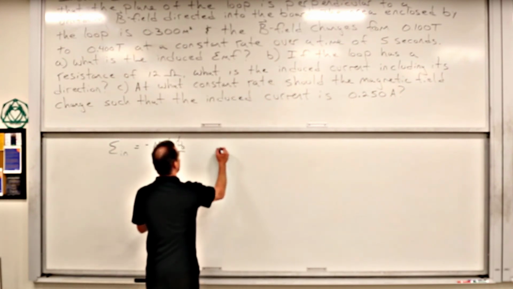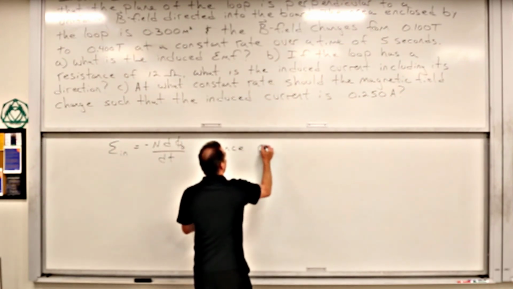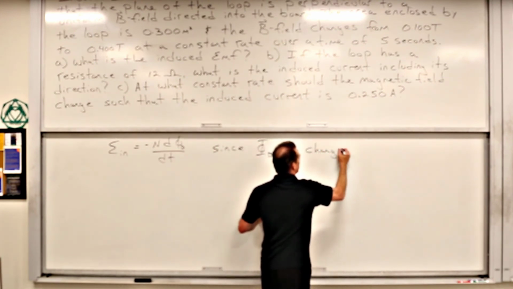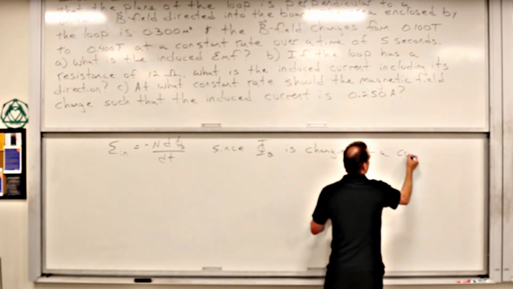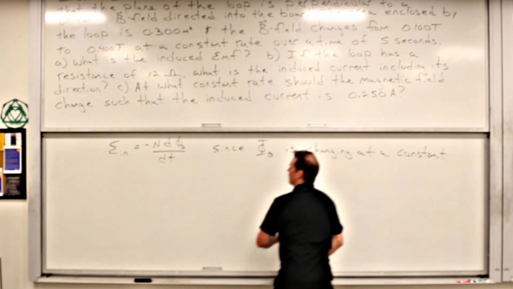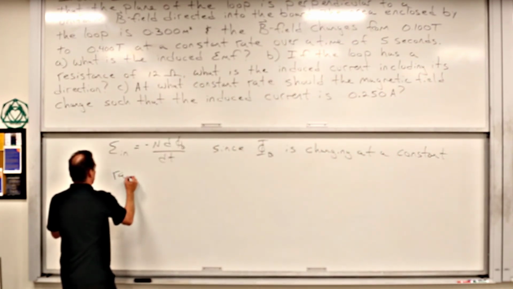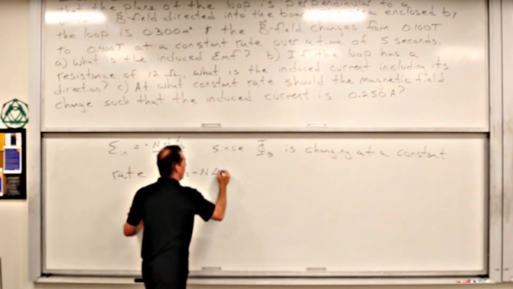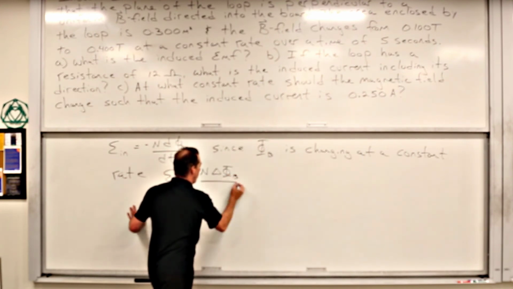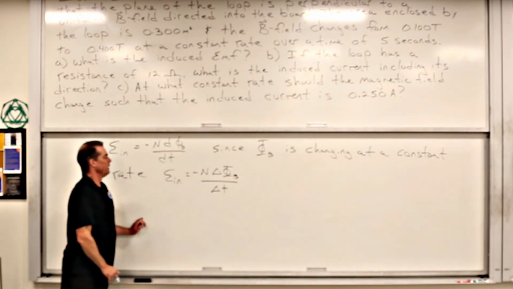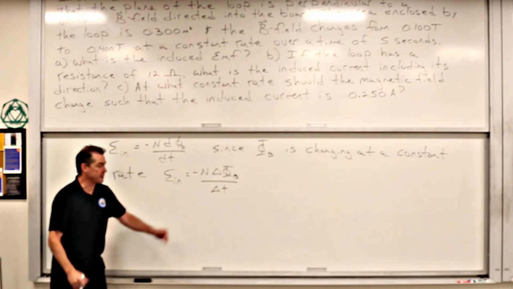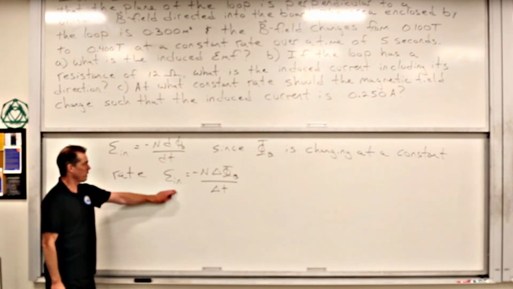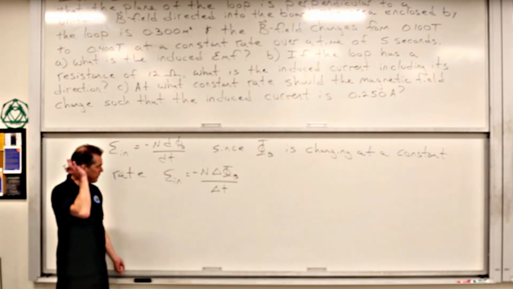So since phi sub B is changing at a constant rate, we can write that E induced is equal to negative N delta phi sub B over delta t. So we can use this for averages or constants in terms of rates of change regarding the magnetic flux. So we're going to go ahead and use this. No need to take derivatives here.